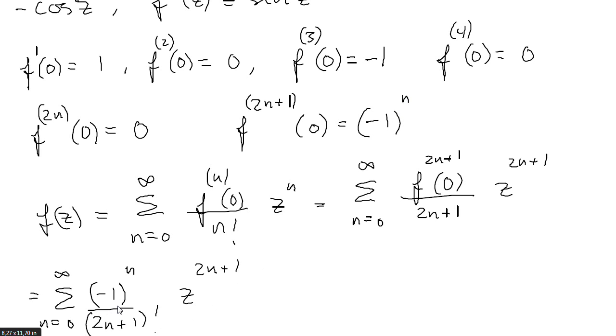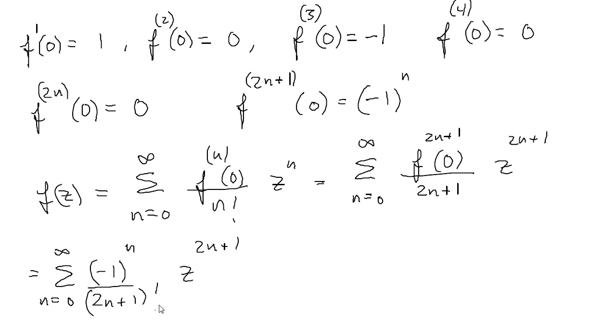So therefore we can replace this by this. Here you see we have got the factorial sign back. So this is the formula for the Taylor series in the case when the function is equal to sine.